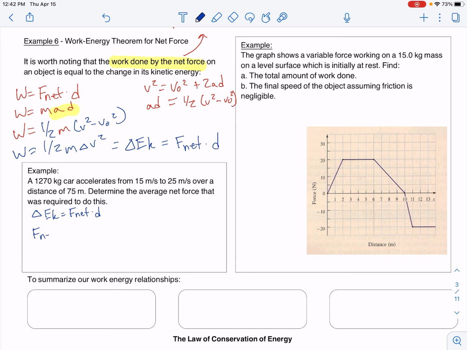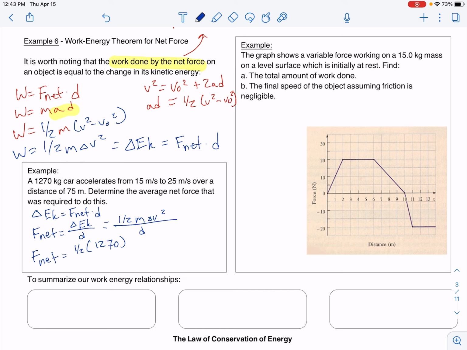Rearranging this, net force is equal to our change in kinetic energy over displacement, which again we can define using our kinetic energy formula. So we end up with net force equals 1/2 mass times change in velocity squared over displacement. Use that formula to plug in our known variables.